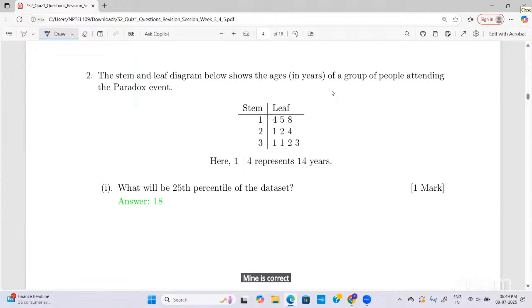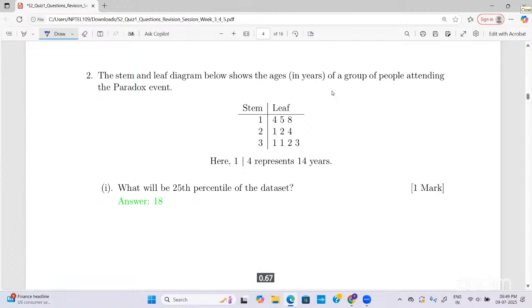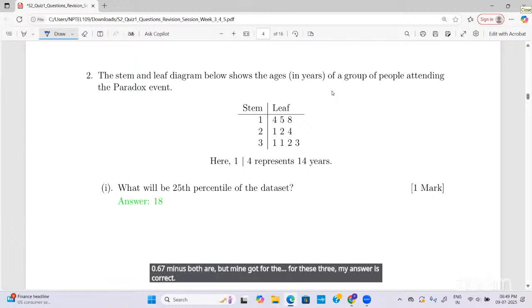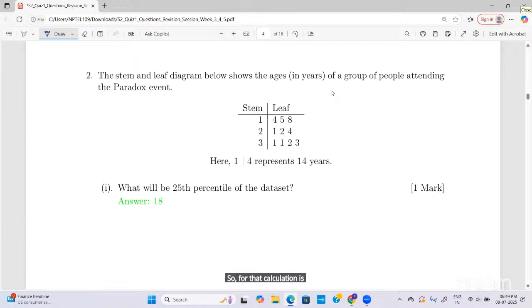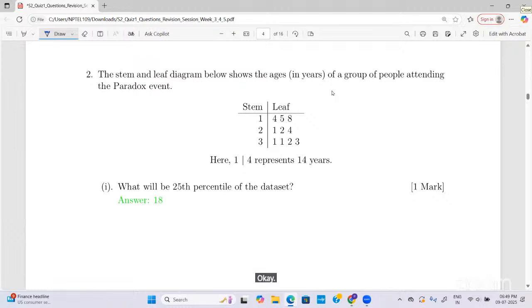The given ranges are minus 0.73 to minus 0.67, but for these three values my answer is correct, so the calculation gives minus 0.77. Okay, I'll see, I have to check the question.